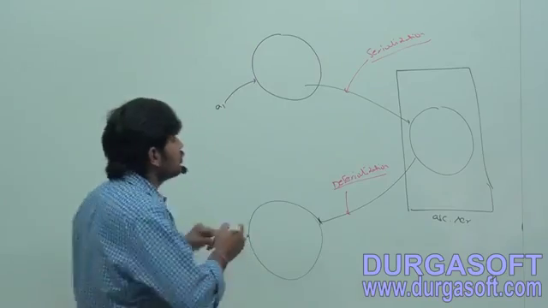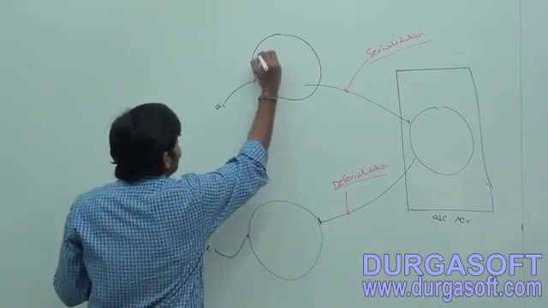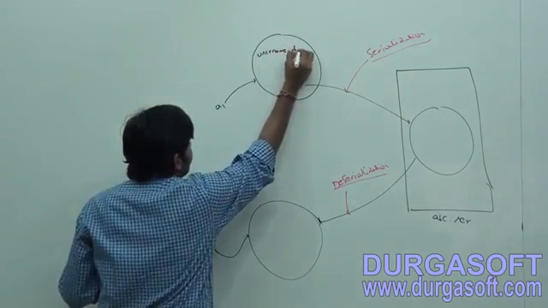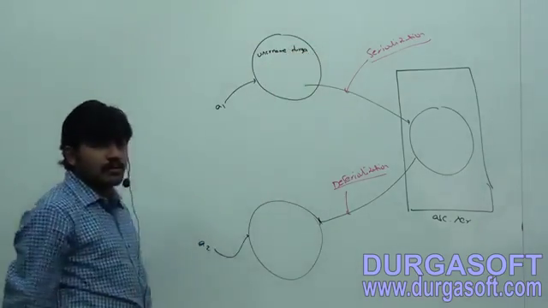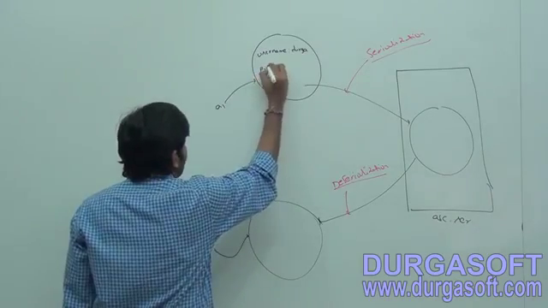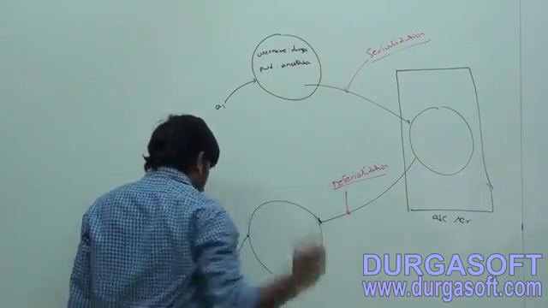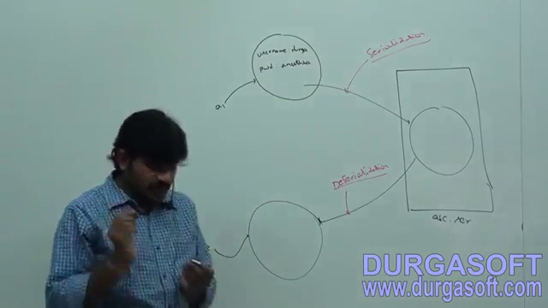Assume it is an account object, username Durga is there, and password is some Anushka, like.